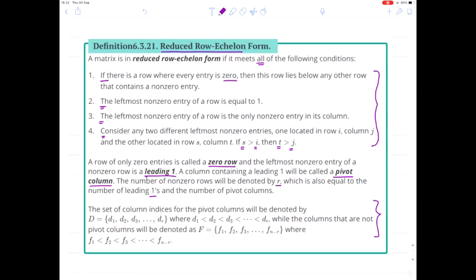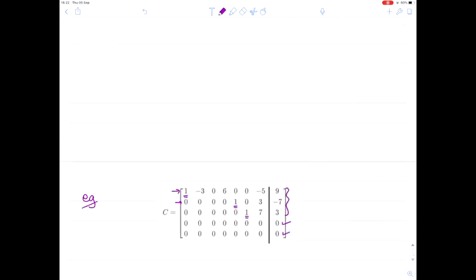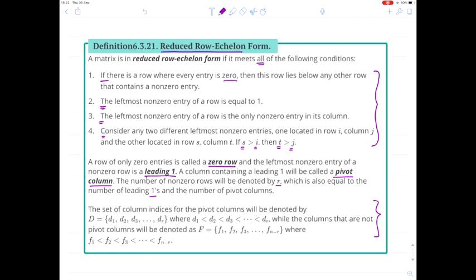Next, we have the leftmost non-zero entry of a row is equal to 1. So let's check. If we look at row 1, the leftmost entry is equal to 1. We look at row 2, yes, its leftmost non-zero entry is 1. And rows 3 and 4 are all zeros. Okay, so we've got criterion 2 sorted. The leftmost non-zero entry of a row is the only non-zero entry in its column.